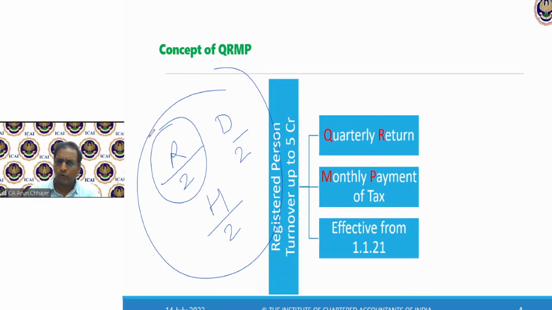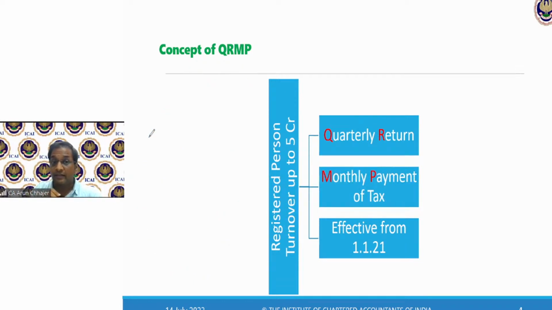Quick question, answer. The point which I would like to highlight: the turnover which we look into, will it be the turnover in the state or UT as defined in Section 2 clause 112, or the aggregate turnover which is defined in Section 2 clause 6 of the CGST Act?